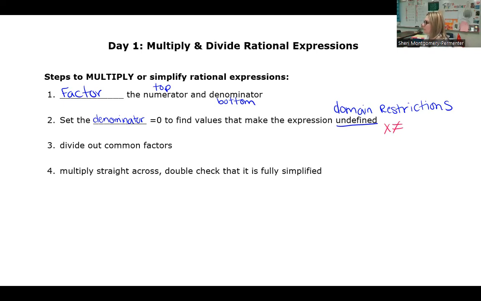Can you divide by 0? What happens if you divide by 0? Type it in the calculator, see what the calculator tells you.